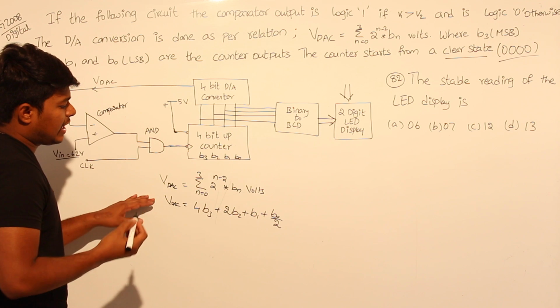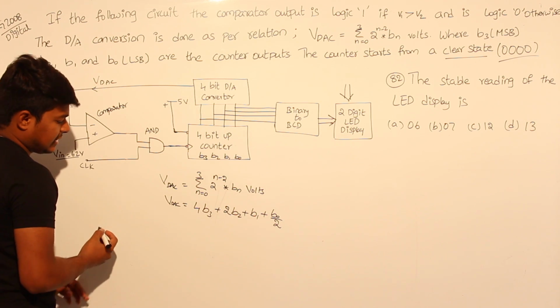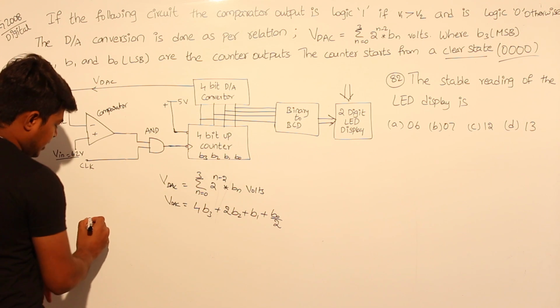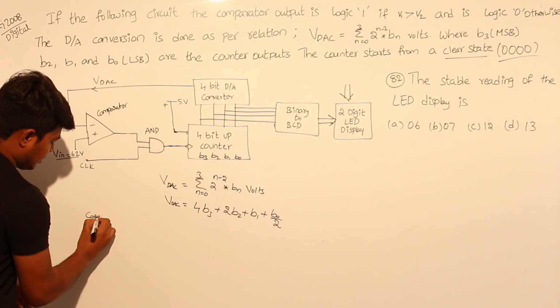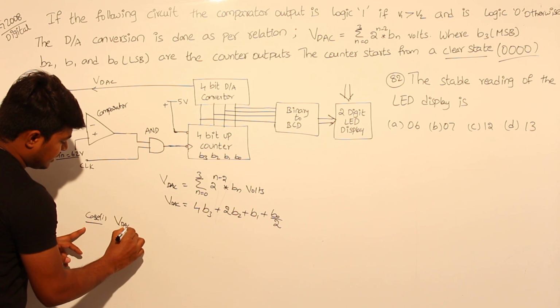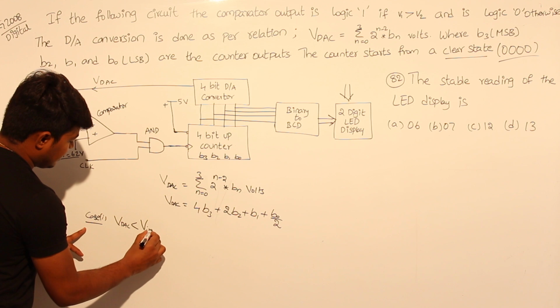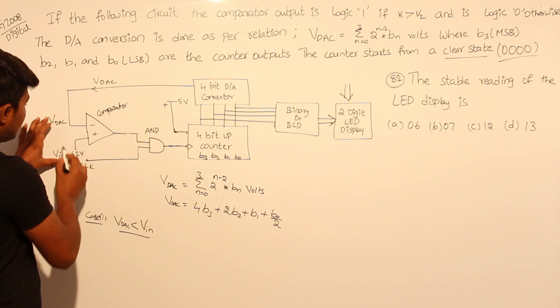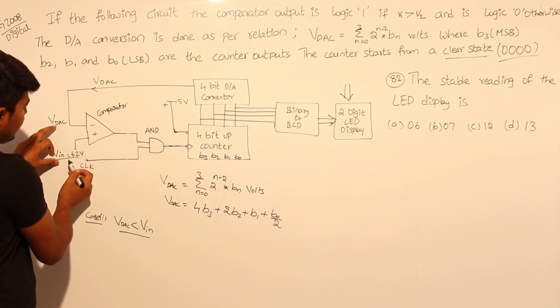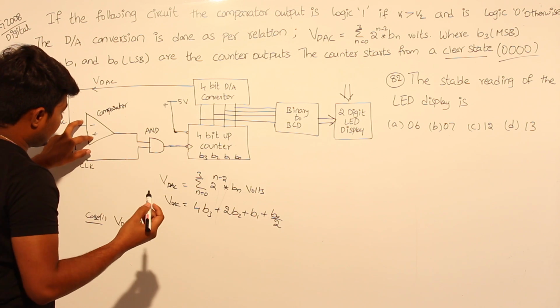Now in this we have two cases. Case 1 will be VDAC less than Vin. In this case, VDAC less than Vin means the voltage at the inverting terminal is less than the non-inverting terminal.